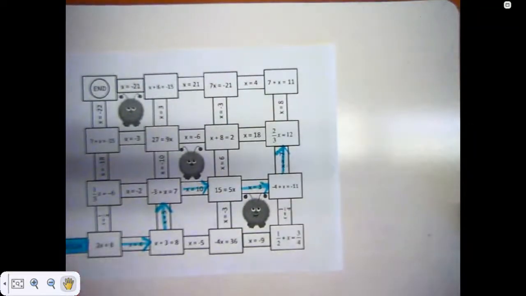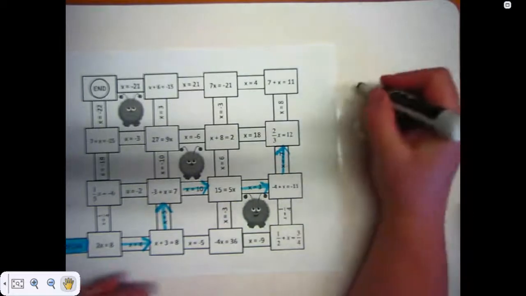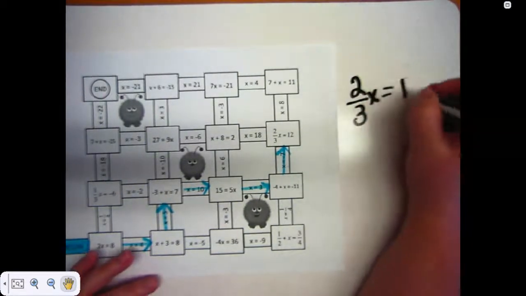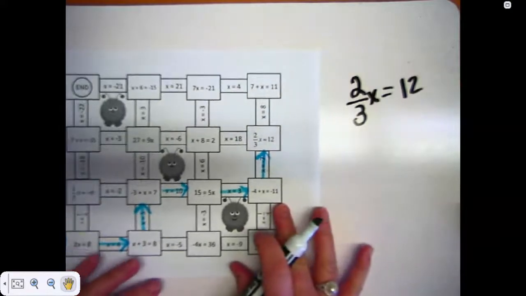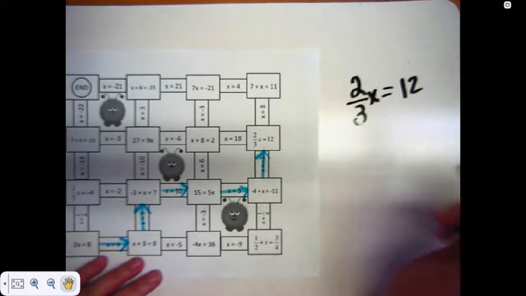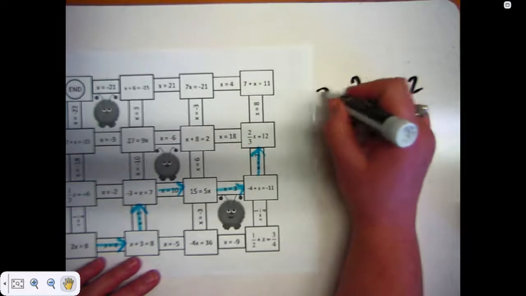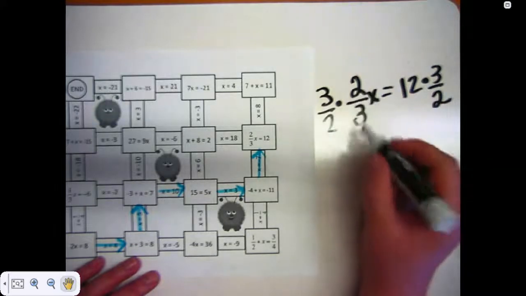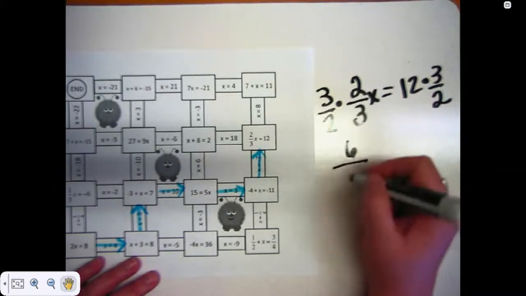I have 2/3 x is equal to 12. So I need to get rid of this 2/3 x, so I'm going to flip it and multiply. And I'm going to do the same thing to this side. 3 times 2 is 6. 2 times 3 is 6.